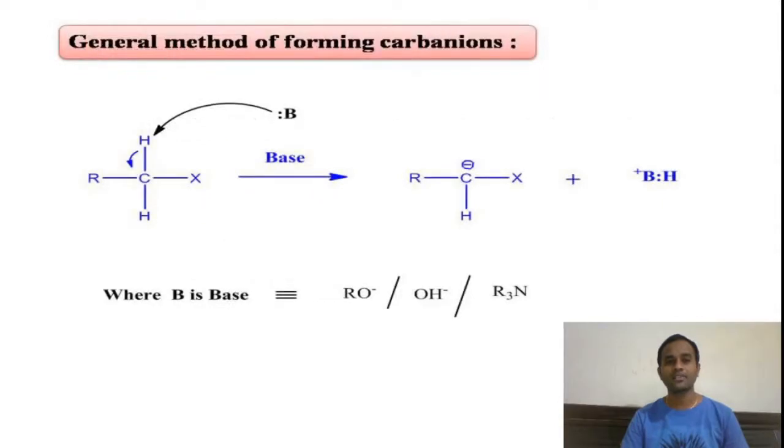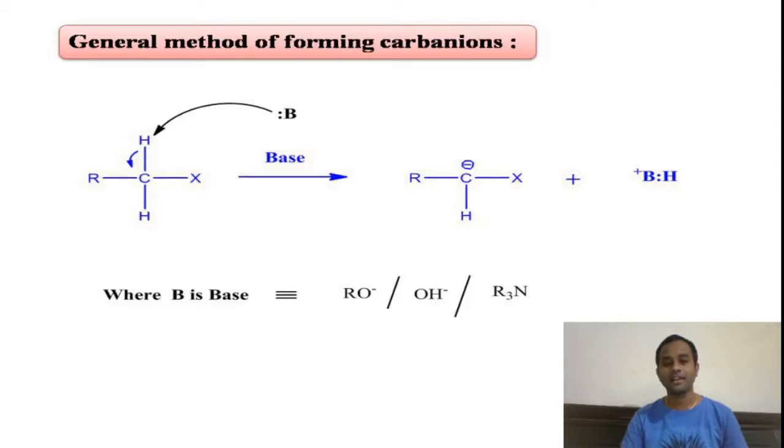Generally, if you see the method of forming carbon anions, usually when organic compounds are treated with base, these organic compounds having a withdrawing group in them, that is X, the electronegative or withdrawing group, lose H+ ions in the presence of base to form carbon anions, right?